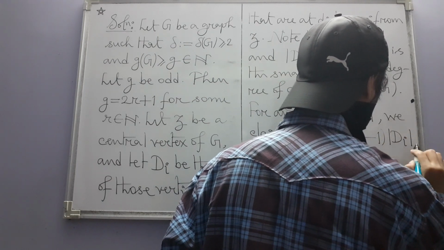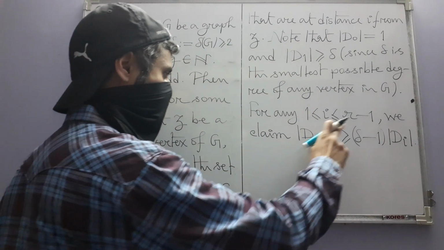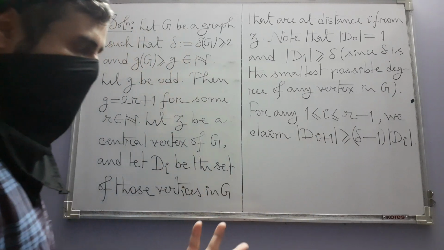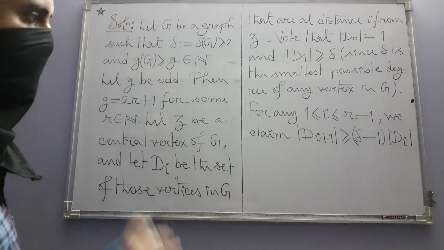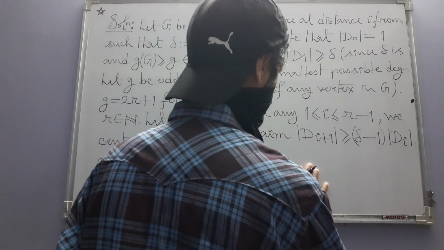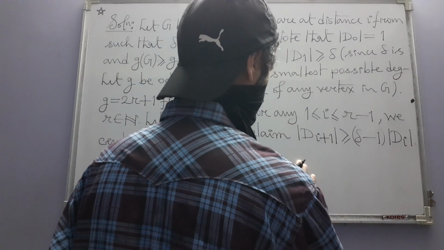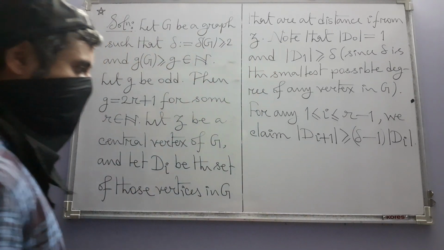It always seems that it should be less than or equal to this, and that of course is wrong. This is the actual claim. Now we need to establish this claim.